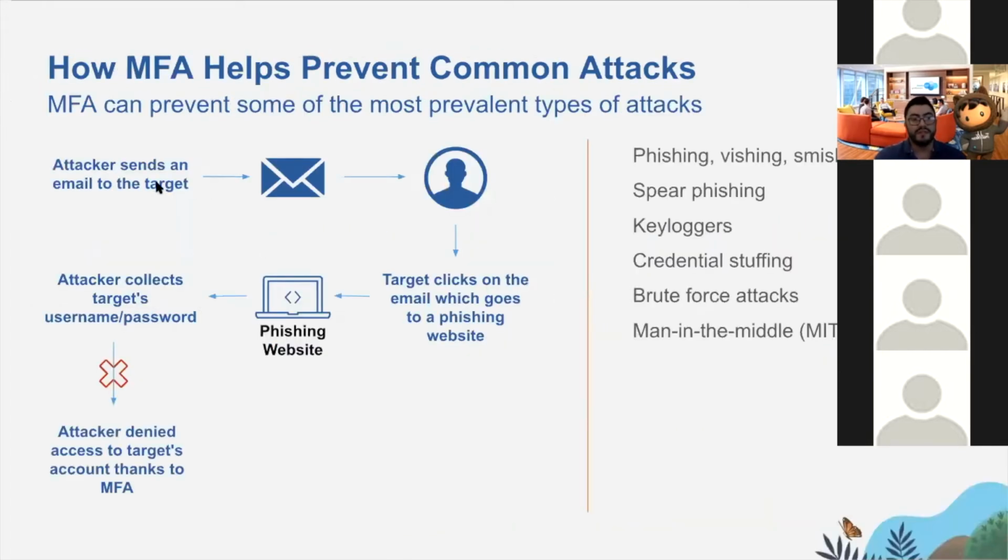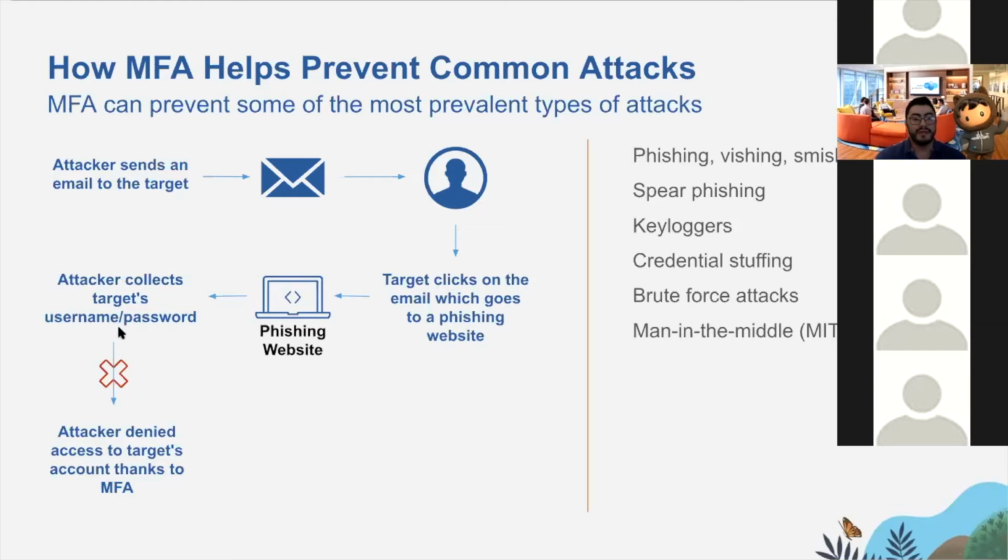So this is the flow that normally an attacker would follow. They send you an email on behalf of an institution. They try to impersonate that institution, and then you click on that link. You get to a phishing website that looks very similar to the original site, and from there you input your credentials, and then you get your username and password stolen.